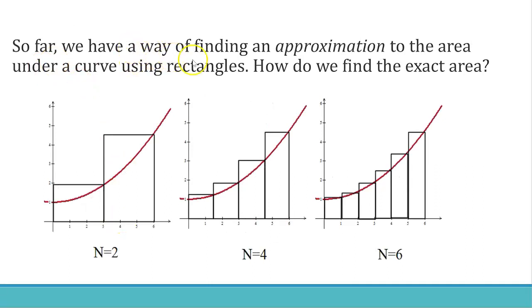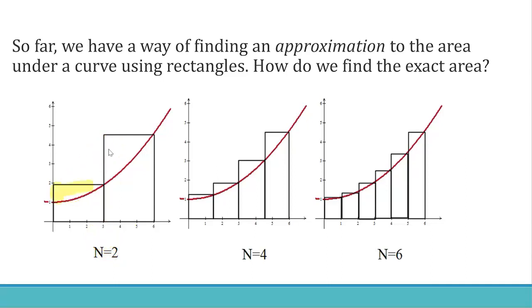So far, we have a way of finding an approximation to the area under a curve using rectangles. But how do we find the exact area? Well, here I have a curve drawn, and let's say I'm interested in finding the exact area under the curve between 0 and 6. Using two rectangles, we can see I have an over approximation.